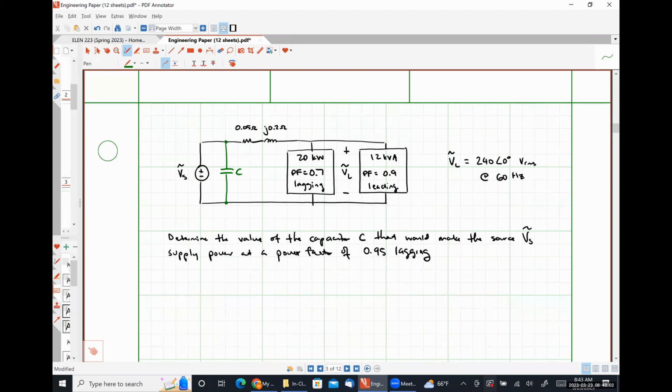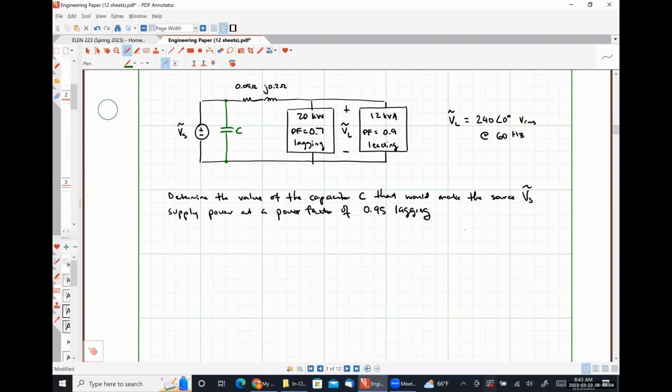So effectively, what I am suggesting is that, let me do this in a different color. The complex power of our voltage source is going to equal the complex power of our wire plus the complex power absorbed by load 1 plus the complex power absorbed by load 2.